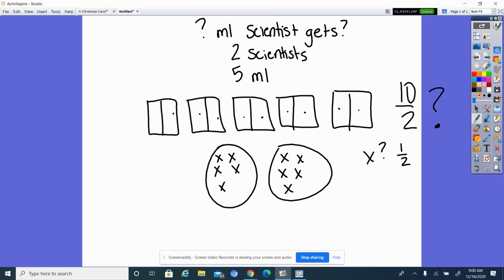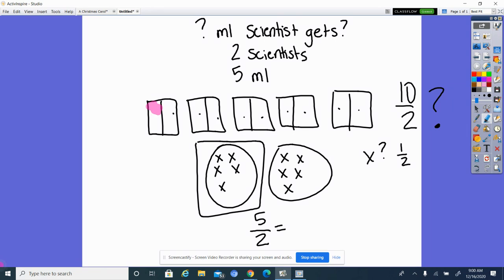Okay? So each scientist will get what? 5 halves. Okay? Well, how much is 5 halves? 2 and 1 half. Yeah, because what?